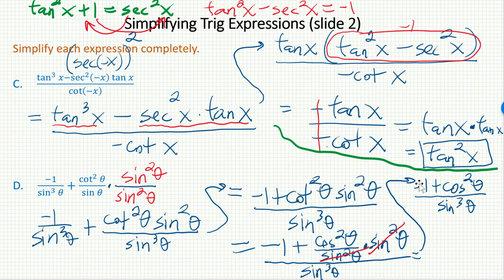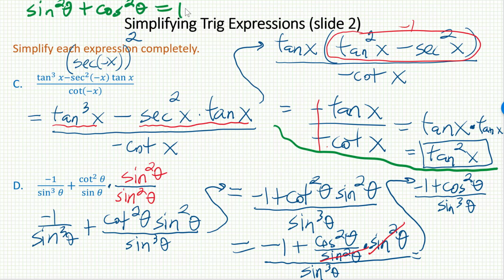Once again, I'm seeing a 1 with a cosine squared theta, so I immediately start thinking maybe I can manipulate the Pythagorean identity. Okay, so here's the Pythagorean identity that applies this time. I'm looking to see if I can create a -1 plus cosine squared theta. Well, this works very similar to the last one.